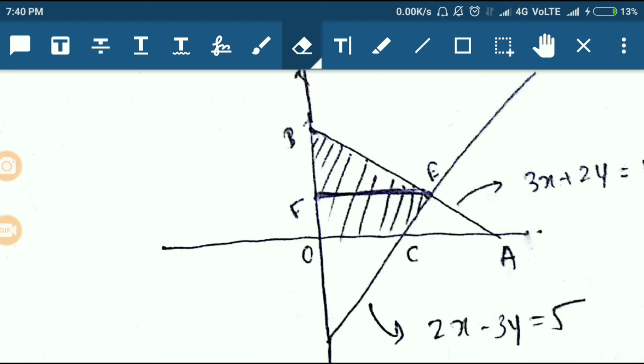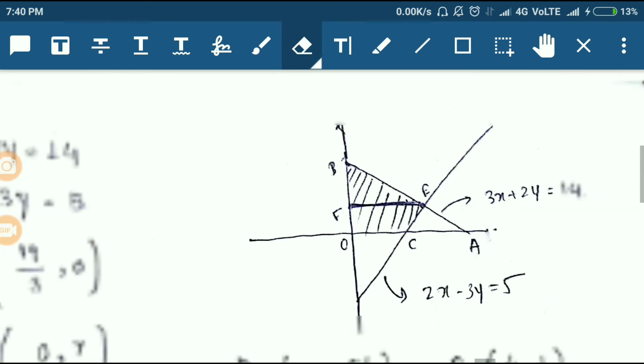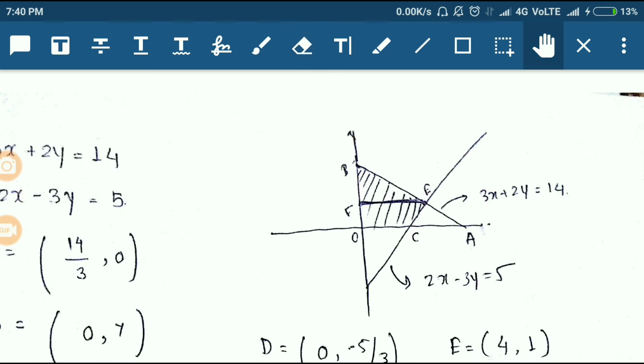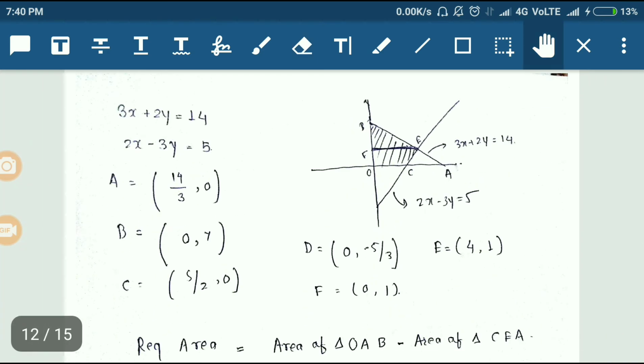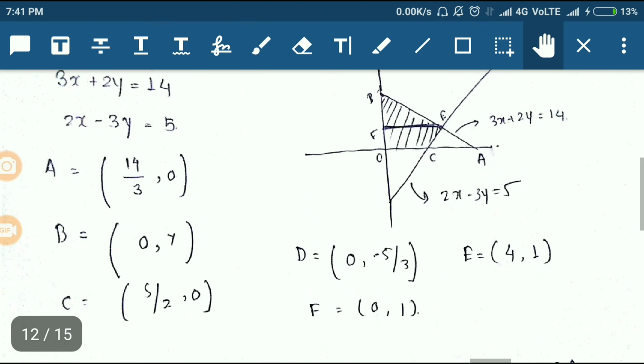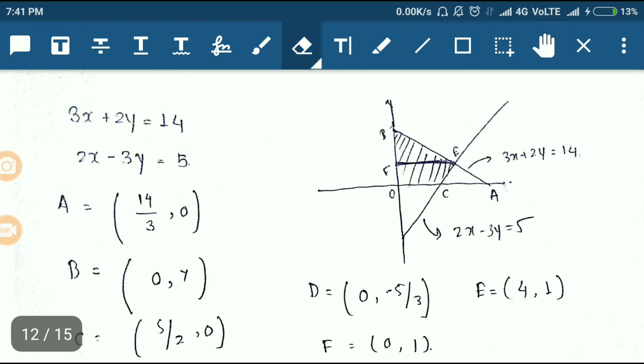So how will we find the coordinates of these points, since we do not have all the coordinates? We will see how I've solved this question. We have two equations, and from that the coordinates of A, that is the x coordinate, I have calculated by putting y equals 0. Similarly by putting x equals 0, I have calculated the coordinates of B. Then C, the same way, and D also.